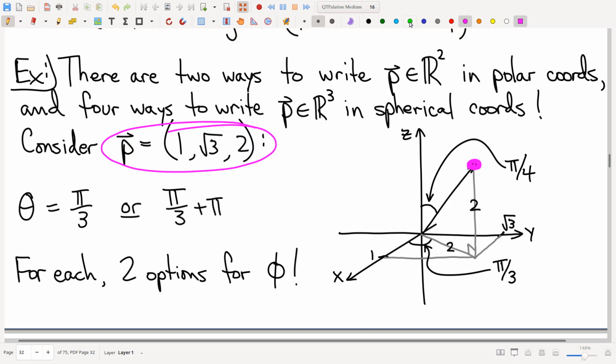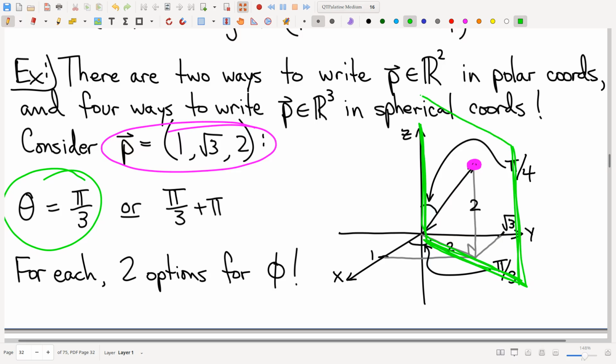All right, now I'm going to start off by thinking in terms of theta being pi over 3. By the way, there's a little bit of geometry to figuring out what those angles are, and it's just real standard geometry and trig. Make sure you can do that. That said, when I say theta is pi over 3, I'm saying we're going to look at that theta half plane, theta pi over 3.